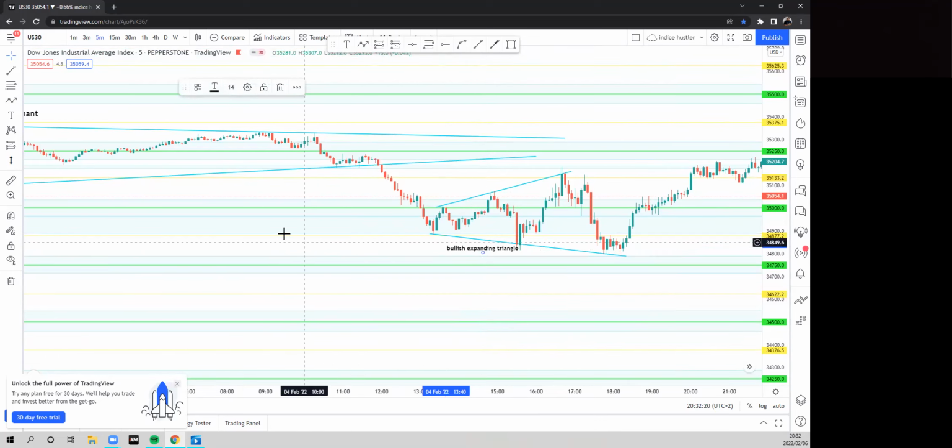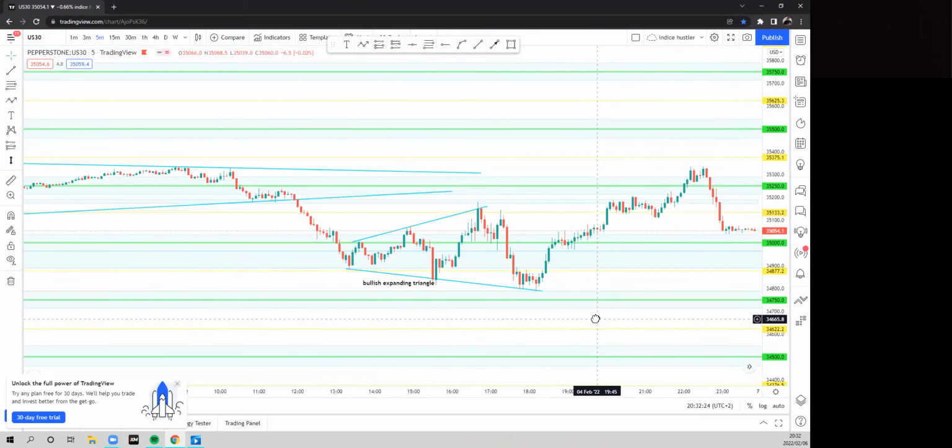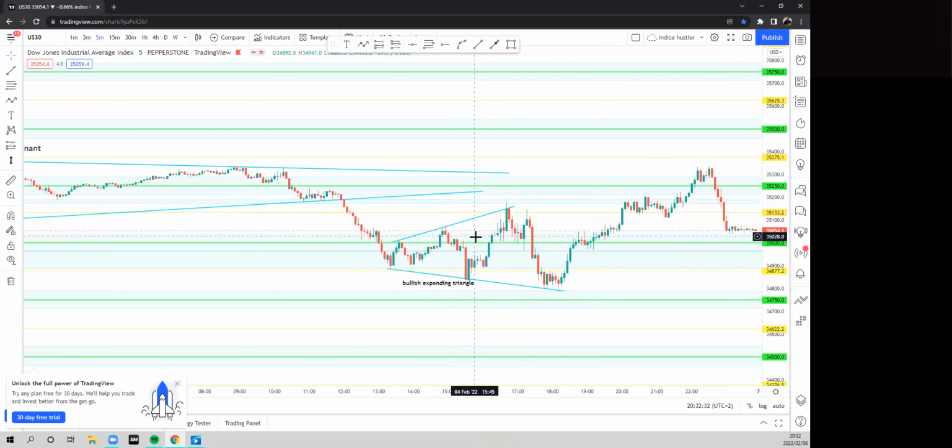I'll put this in here and then I lock it. I lock my text in. So this now, if I'm trading this chart pattern, I know we're gonna buy.